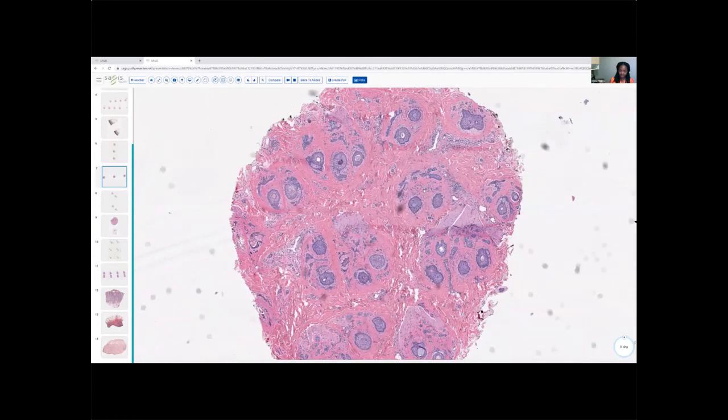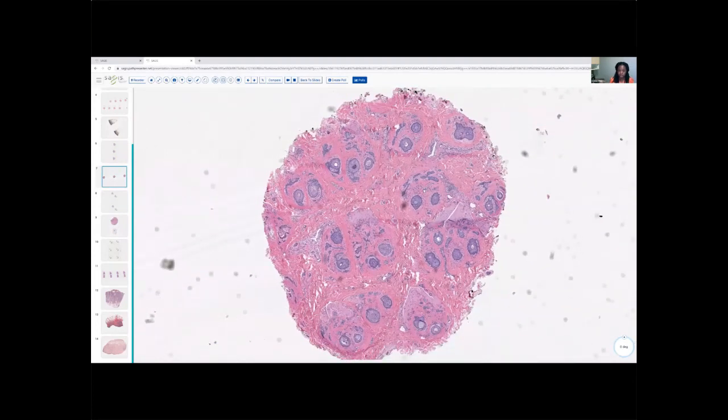So psoriatic alopecia, the sebaceous gland atrophy can really be a defining feature. And the reason it's really quite helpful to know that is because clearly at this isthmus level, you're not going to have your epidermis available to you to make that diagnosis of psoriasis.